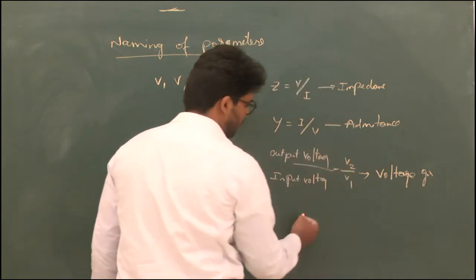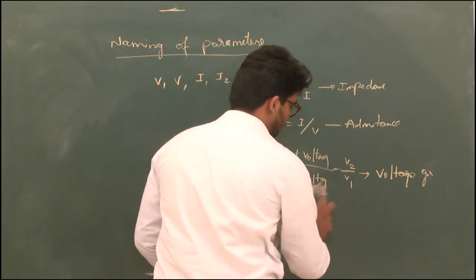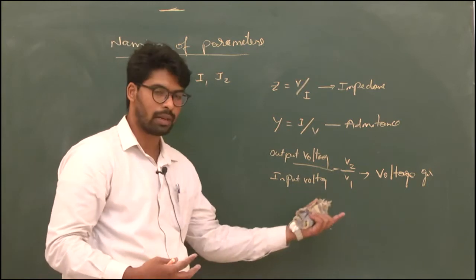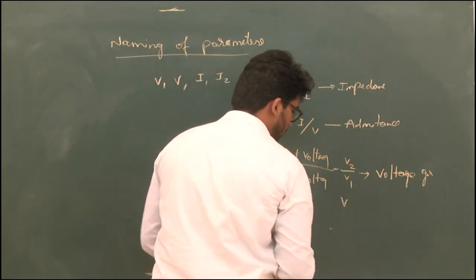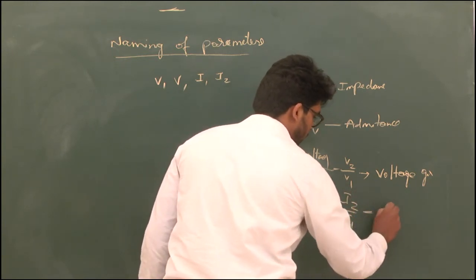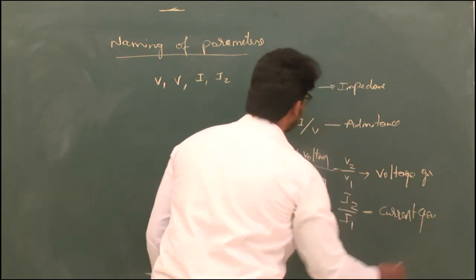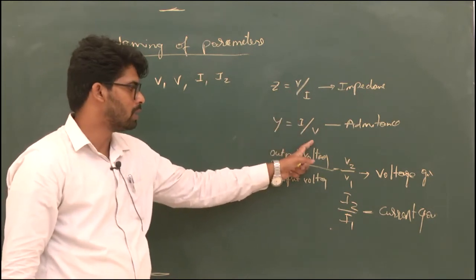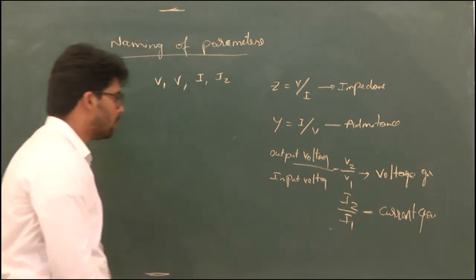And vice versa, if you get V1 by V2, this is also a voltage gain. Similarly, current by current is called current gain. For example, I2 by I1 is said to have a current gain. So the responses we get are voltage by current, current by voltage, voltage by voltage and current by current.